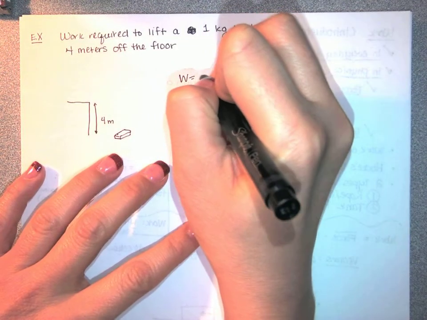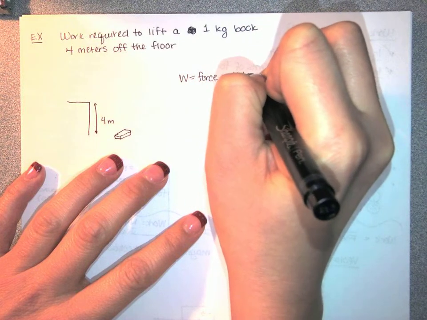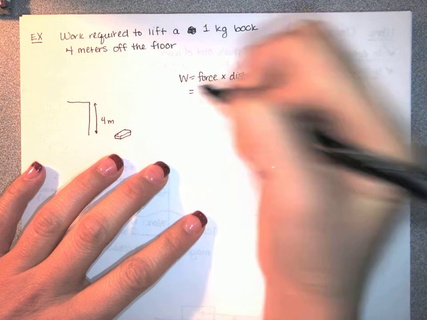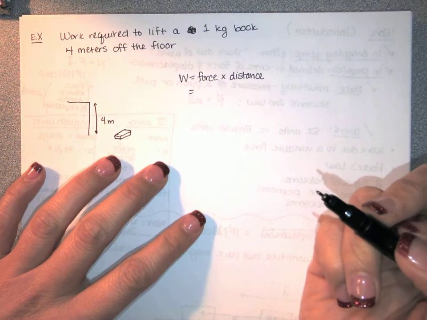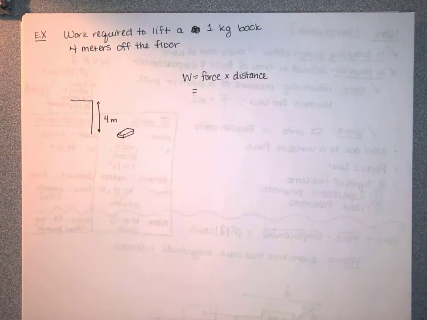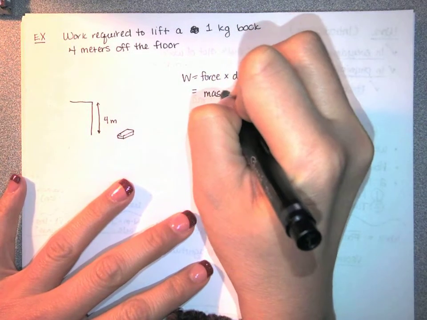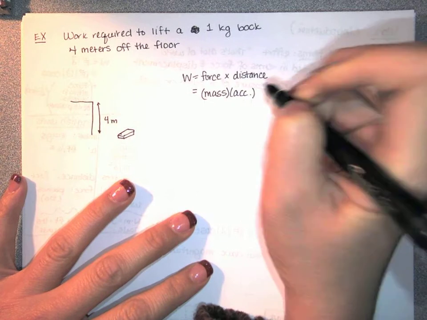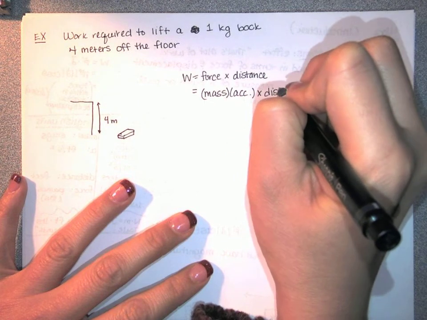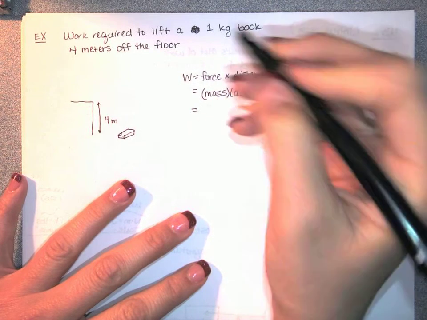Work is just going to be force times distance. Because we're assuming that our force and our displacement are acting in the same direction, so we can just use distance. And force is mass times acceleration. So we have mass times acceleration times distance now. And my mass was 1 kilogram.